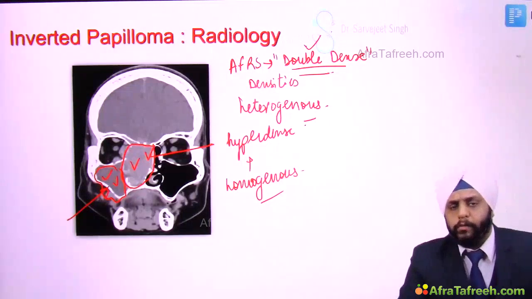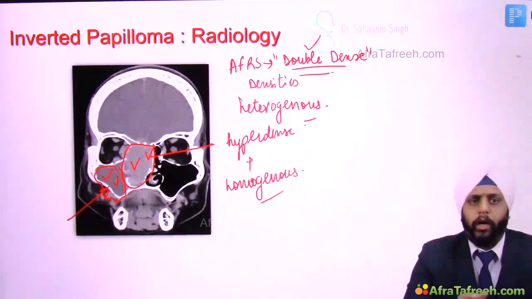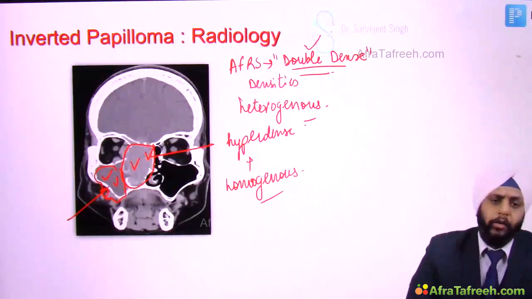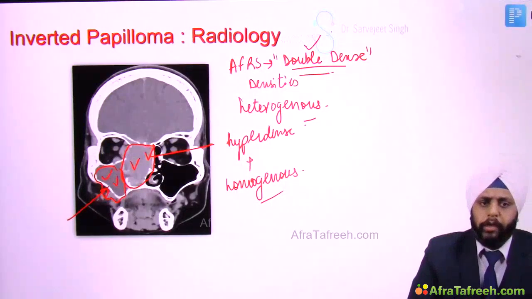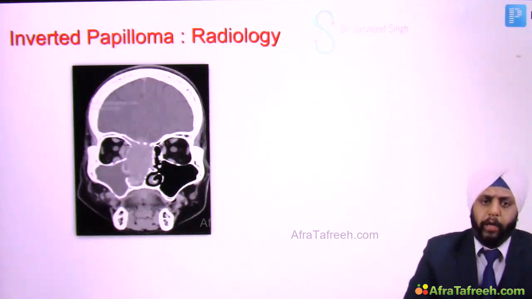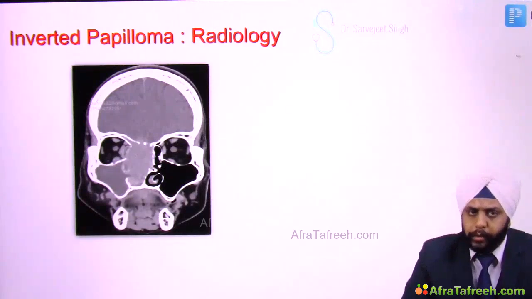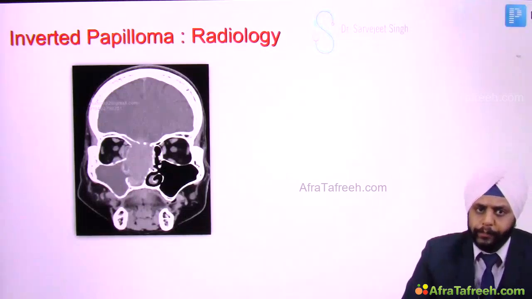This is a homogeneous mass. So this is how we differentiate inverted papilloma and AFRS. So remember, AFRS patients do not have any history of allergy. There may be bony erosion present, again because of mass effect, but it's a benign tumor, so there will be no invasion once again in inverted papilloma, right?